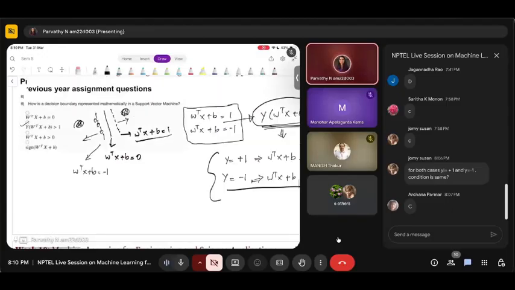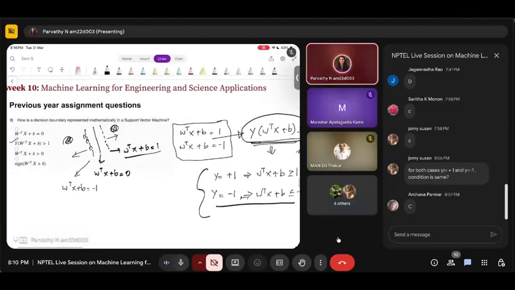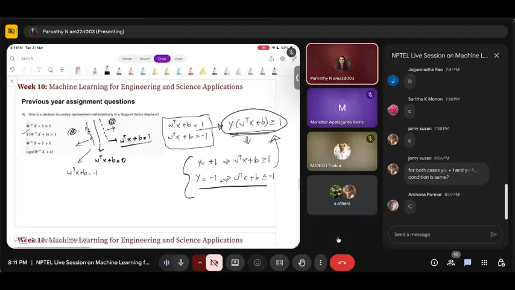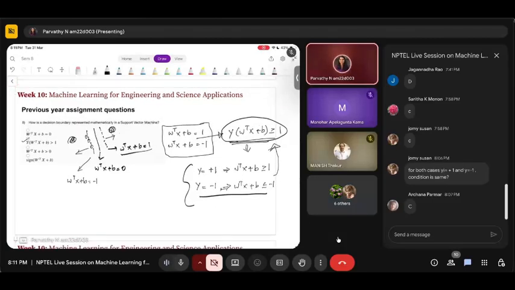Sorry, I was explaining the previous question, where for both cases of yi equal to plus 1 or minus 1 the condition is the same. That is the next question. Here they have asked what the decision boundary is.